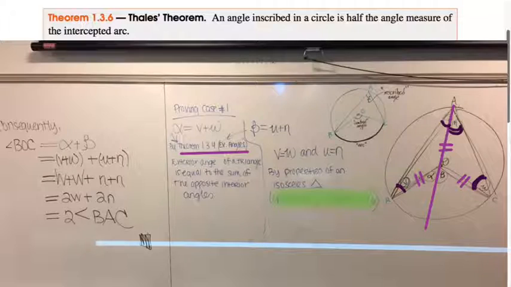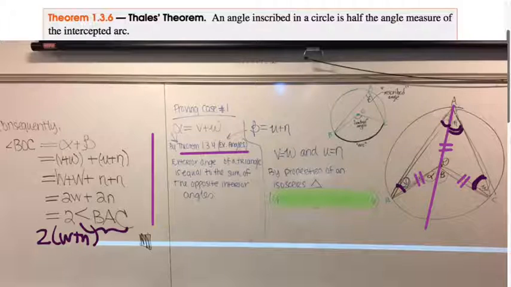So alpha is the same as V plus W, beta is the same as U plus N. But then trading out a V for a W and trading out a U for an N because of the congruence of those angles allowed us to do the algebra that we see over here on the left. That takes us from alpha plus beta all the way down to 2W plus 2N, which factoring out the 2 gives us 2 times the quantity W plus N. And since W plus N together makes the angle BAC, that allowed us to make this conclusion.